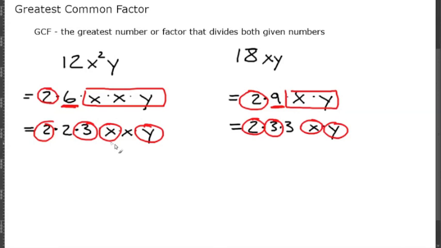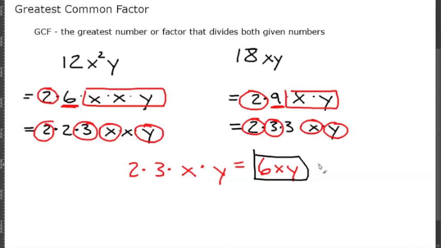So rewriting this, we would have 2 times 3 times x times y. 2 times 3 is 6, times x times y. So 6xy would be the greatest common factor between those two monomials.